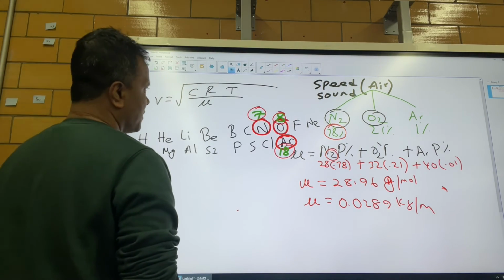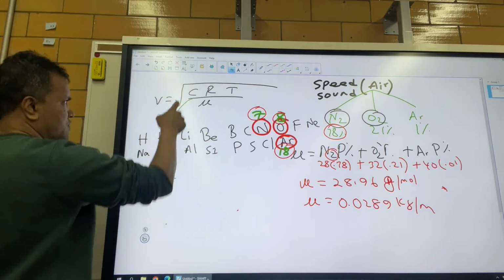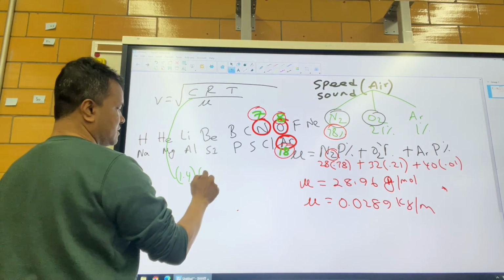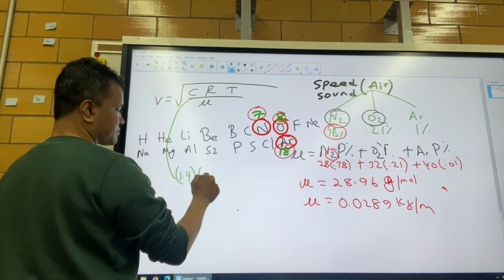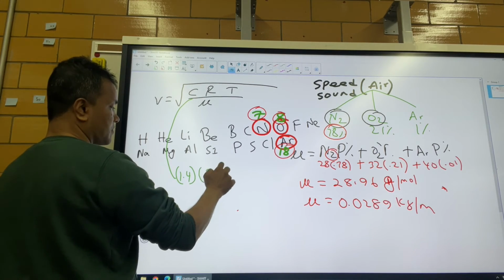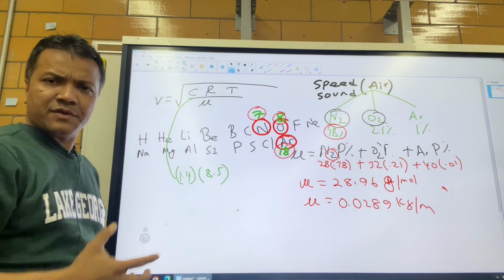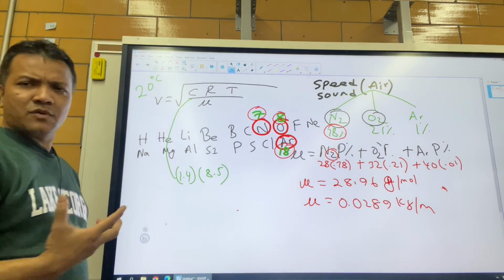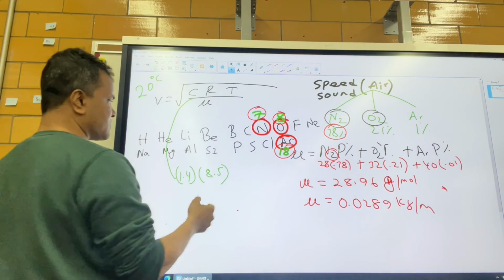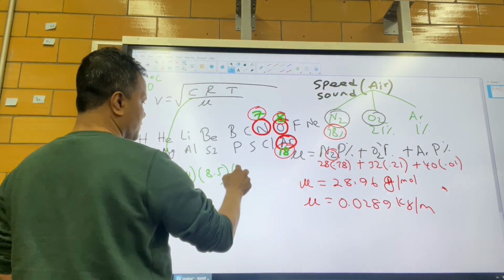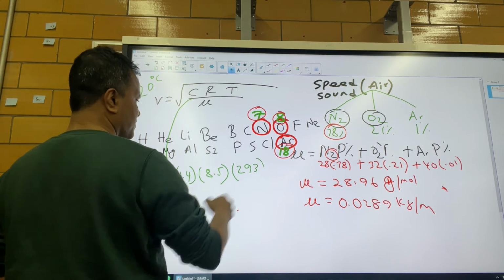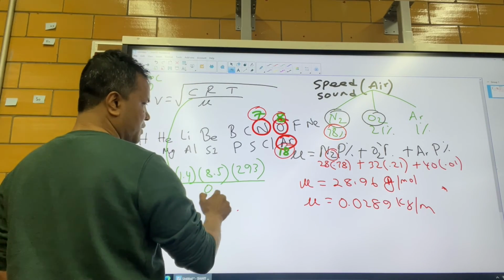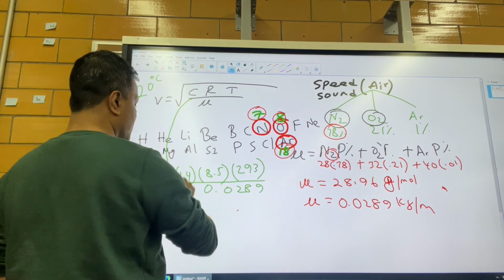So now we're going to plug it into the equation. So C is 1.4, R is the gas constant, T is, let's say the room temperature right now is 20 degrees Celsius. So I have to convert it to Kelvin. So 20 plus 273, so 293. Divide by 0.0289, square root.